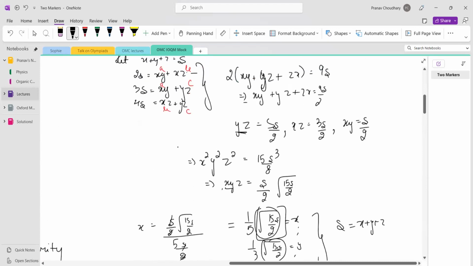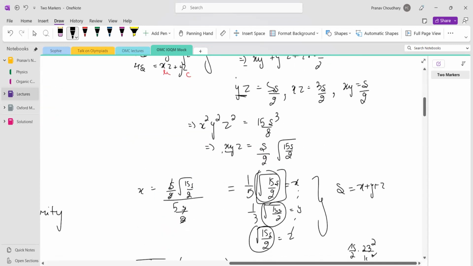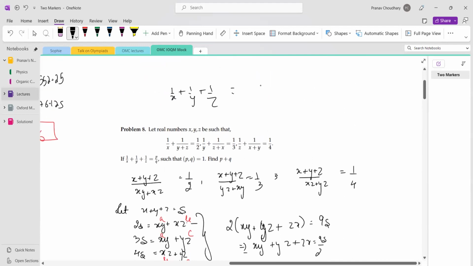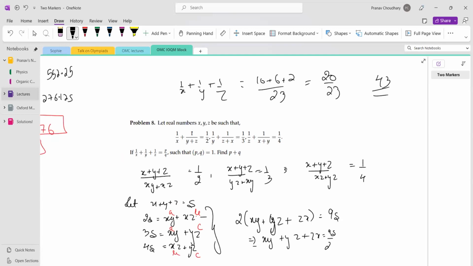What do we have to find? 1 by x plus 1 by y plus 1 by z, which would be 10 plus 6 plus 2 over 23, which is 18 over 23. This is p by q, so we have to find p plus q, which is 43. So the answer is 43.